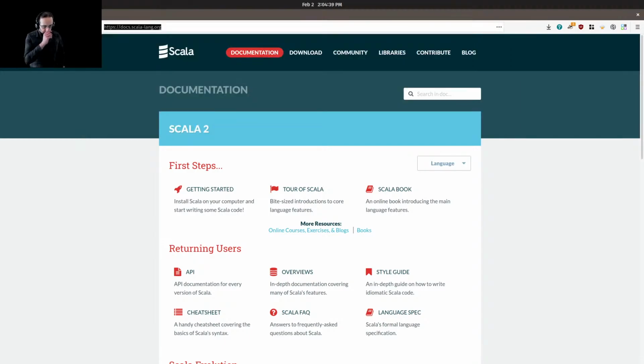There is a ton of additional resources there, including tutorials, including Scala for programmers of different languages.